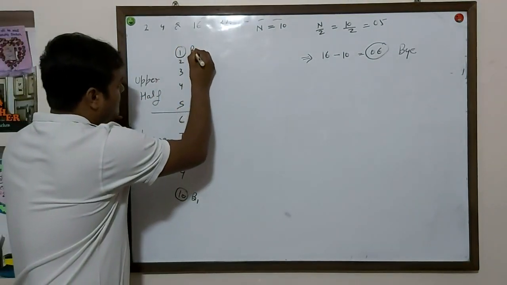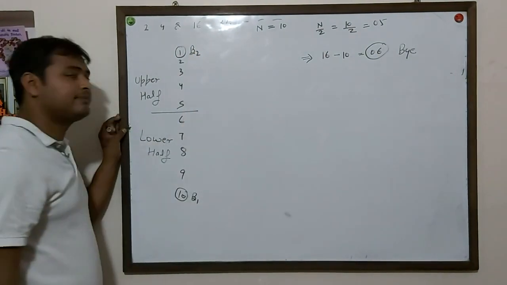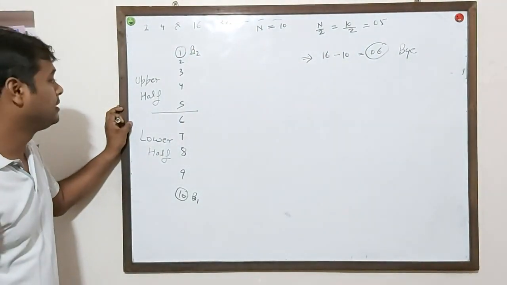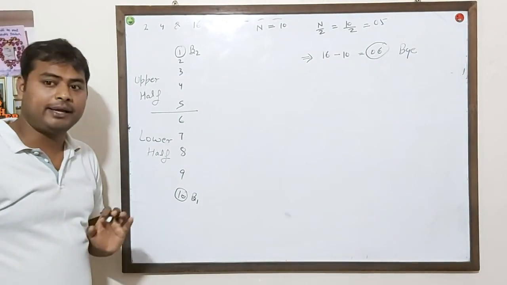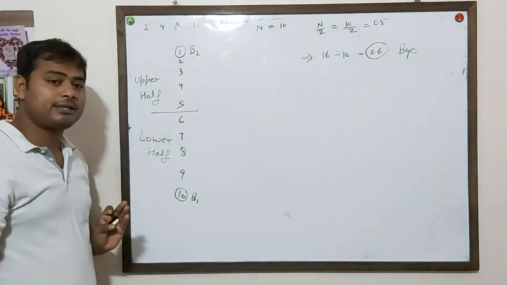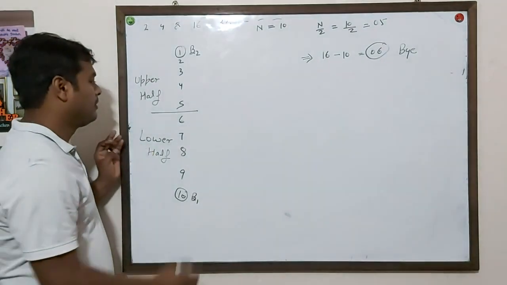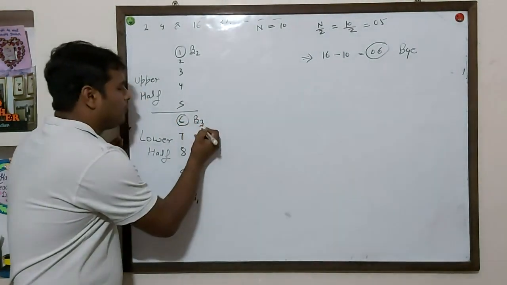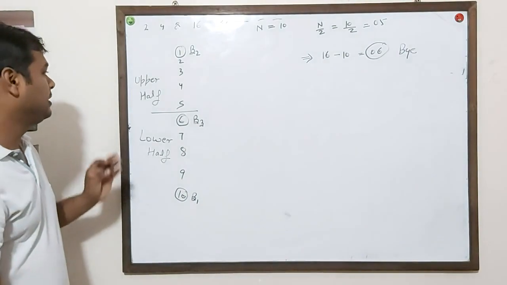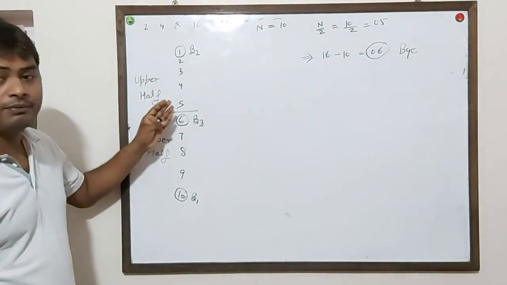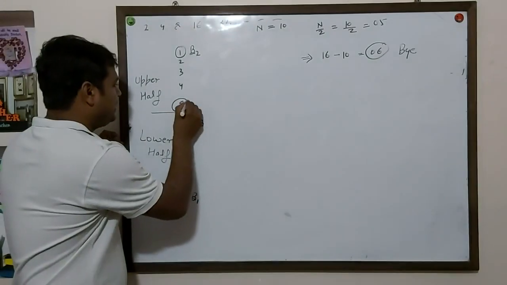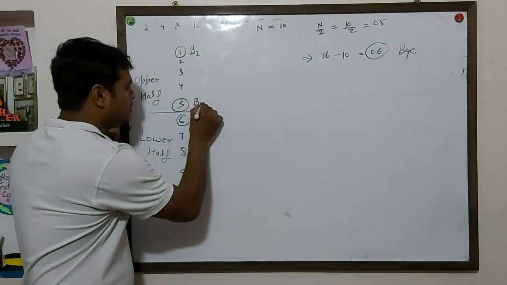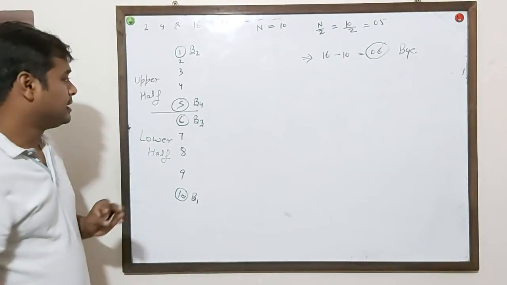So if you have to arrange 2 byes, then only in this manner you will always arrange. Now the third bye is always given to the lower half firsting. And the fourth bye is always given to the upper half lasting.